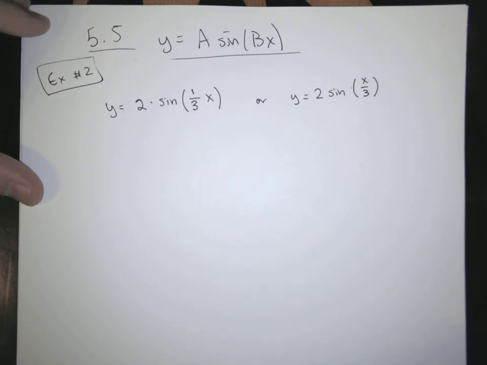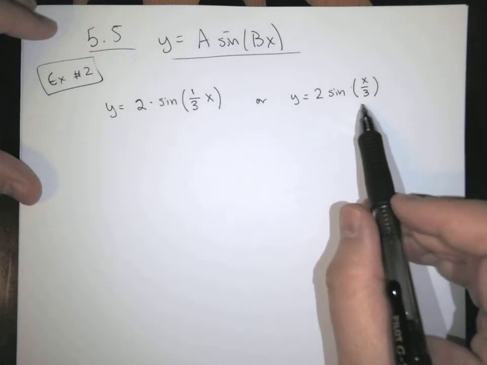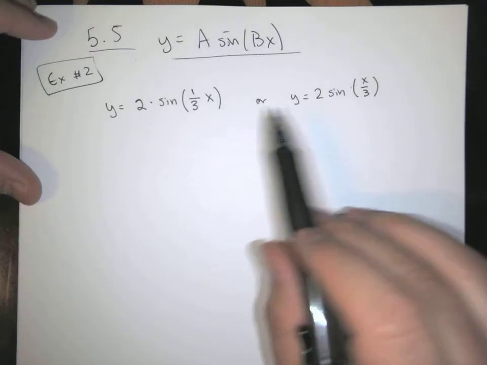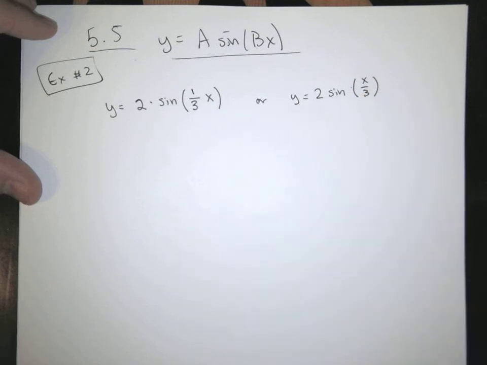X divided by 3 would be the same thing as x times 1/3. So the value that you're multiplying by is 1/3, even if in some sense this looks like a division. These two things are synonymous. You could write this either of these two ways. You just want to be familiar with each and make a plan, know what you need to do.